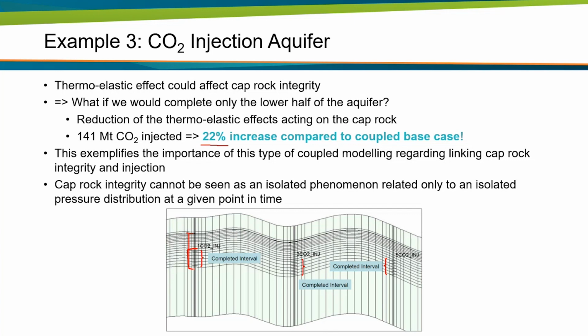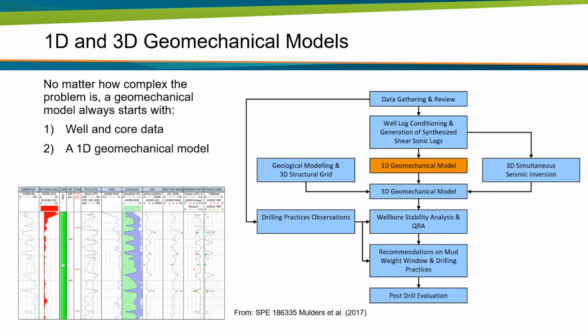Now, your question might be, okay, this is nice, the numerical modeling, but you are from Geoactive and you are not selling any numerical software, you are selling analytical software. And then my answer to you is, you are very right. And in order to build that numerical model, you need to go first through an analytical model.